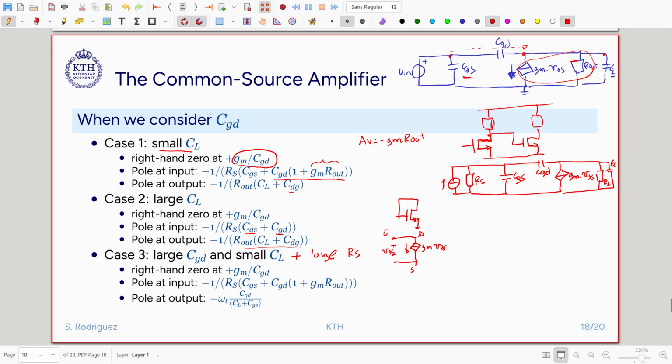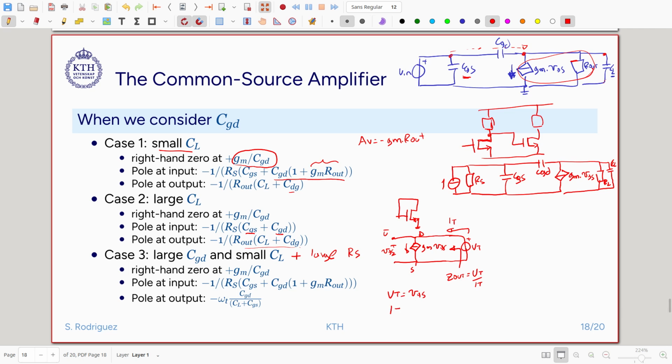We try to find what is the impedance that I see in this direction. I can connect a test voltage here and calculate the test current that passes, and then I just divide VT divided by IT. In this particular case, VT is equal to VGS.